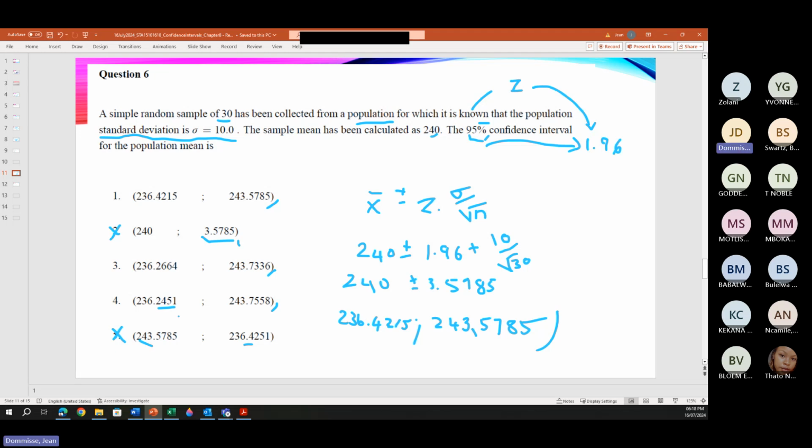So again, very easy to make that mistake. Those two are very similar nearly, and the same with this one. So very easy to make a mistake by just reading it the other way around.